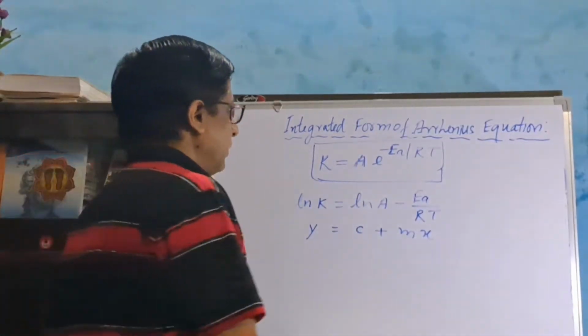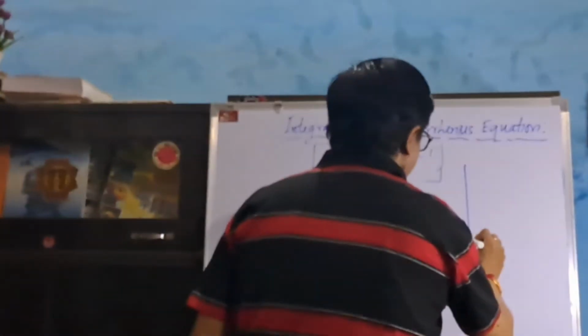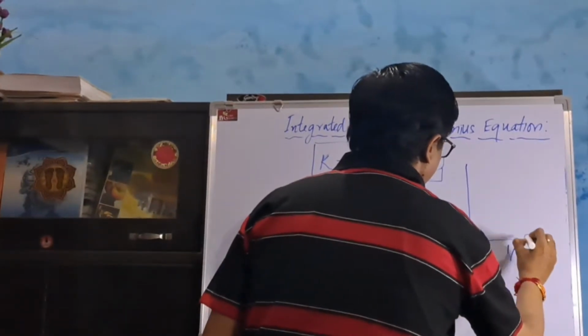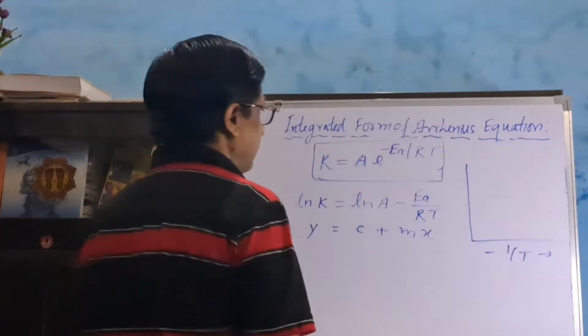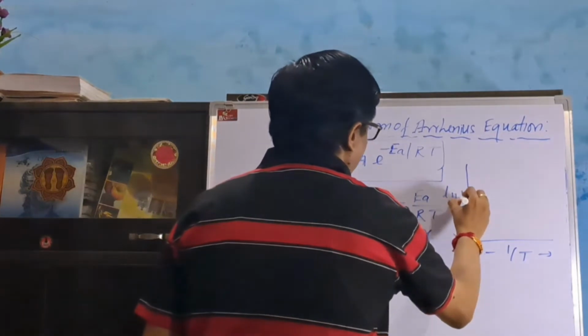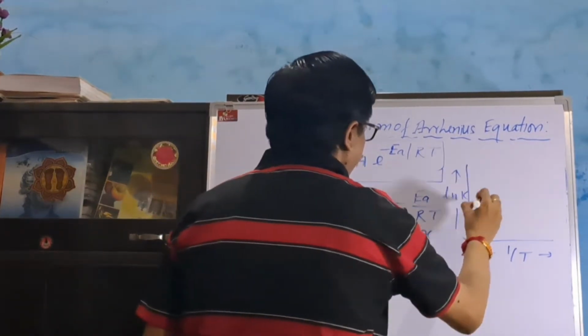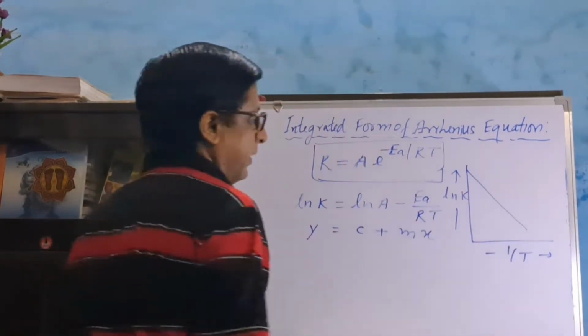Now if we plot 1 upon T against natural log of rate constant k, then a straight line is obtained.